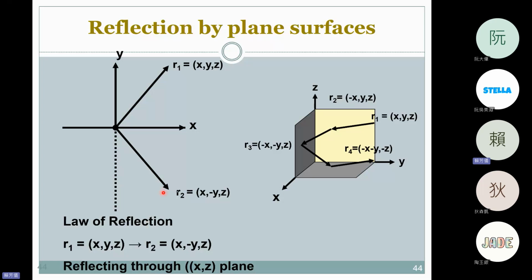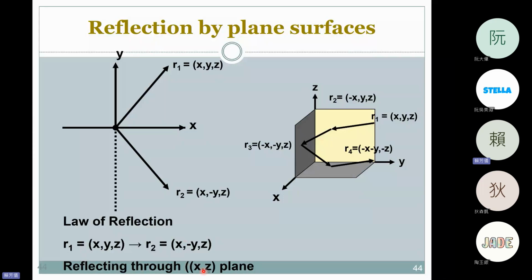The law of reflection tells us that if the position R is written as X, Y, Z, after a reflection, the image R2 will become X, minus Y, and Z. So one dimension changes.